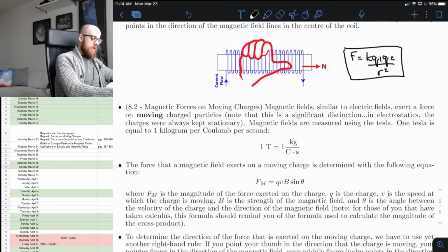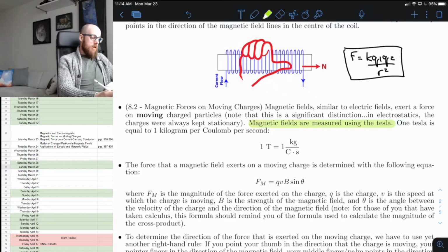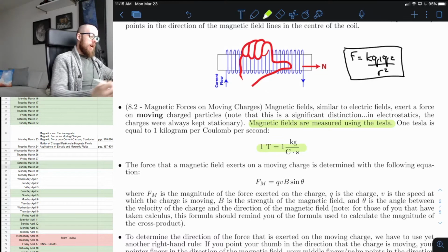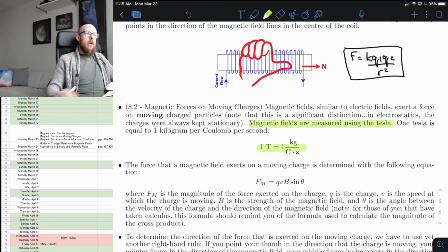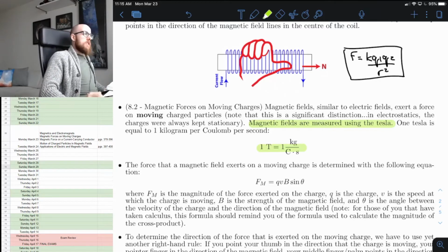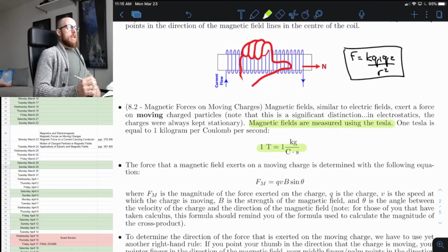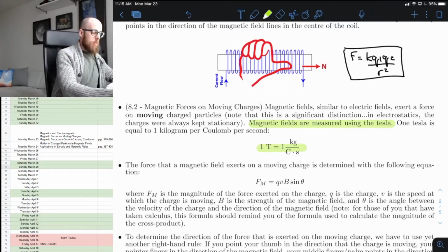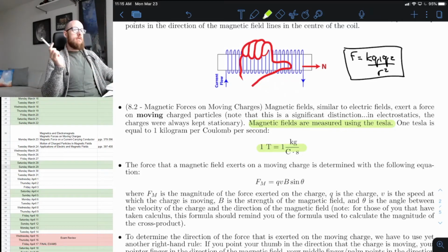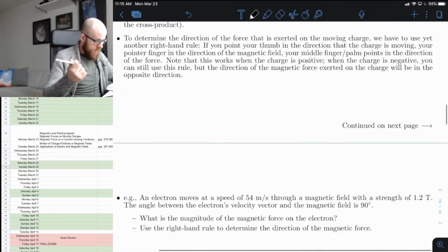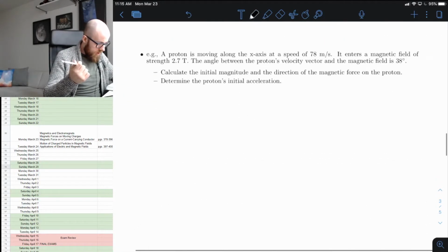So magnetic fields are measured using Teslas. So 1 Tesla is equal to 1 kilogram per coulomb per second. Okay, and so 1 Tesla is actually a very extreme magnetic field. I think I have an example problem later on here that uses the magnetic field strength of Earth, which is something like, actually, let's see if I have it here.